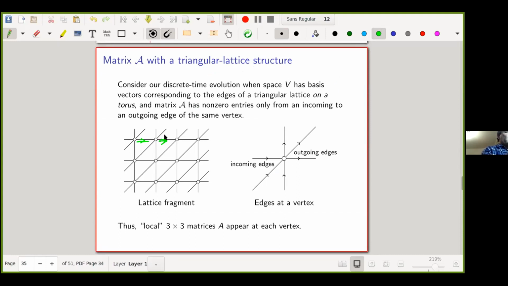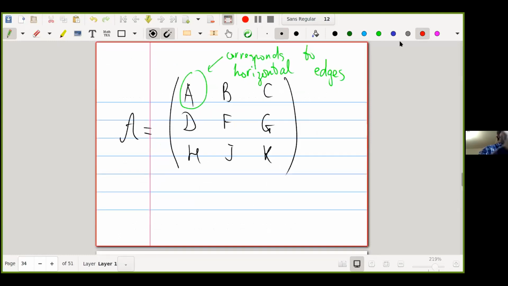And for instance, matrix entry between this and this is 0 by definition. So this is a special structure, and okay, I don't know how understandable it is.